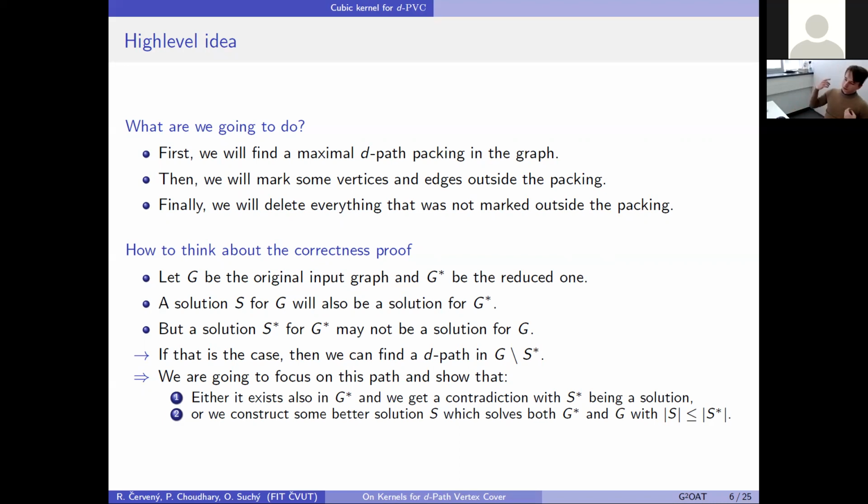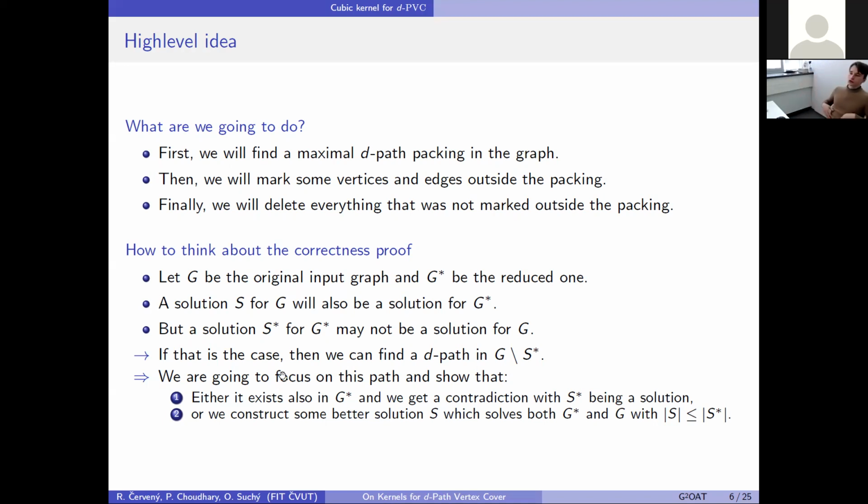In order to prove the correctness, how to think about the correctness proof is assume that G is the original instance and G star is the reduced one. Any solution S for G will also be a solution for the reduced instance. But the converse may not be true. If the converse is not true, then we can find in the original instance some d-path that is not covered by the solution.